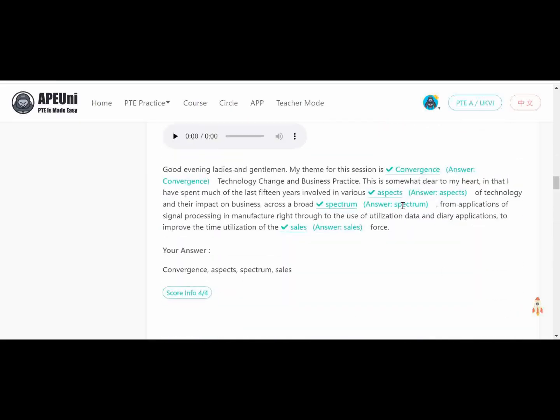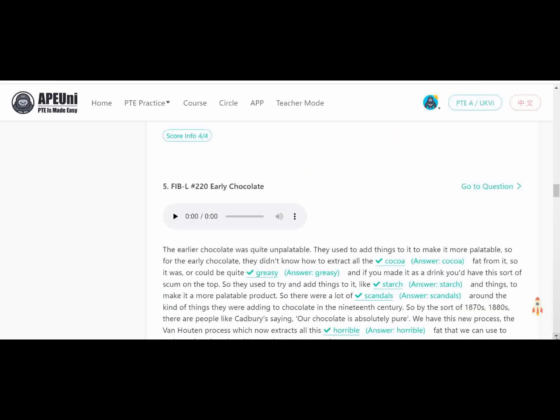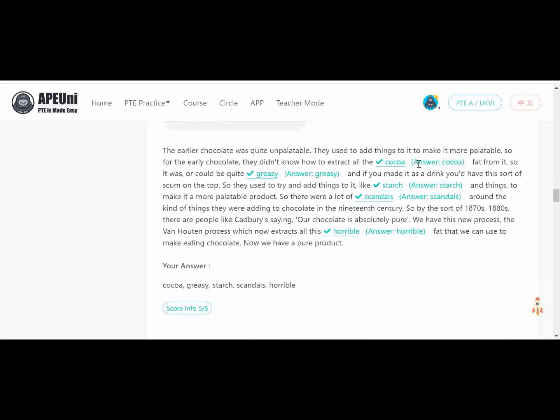And this is the second question: convergence with capital C, because the technology and the change is with a capital letter. Aspects, spectrum, and sales. Third is cocoa, greasy, starch, scandals. With "a lot of" we use the plural form, and all this horrible.